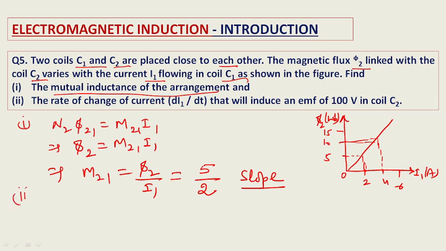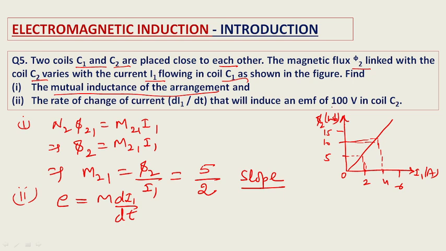And second one, rate of change of current di1 by dt. So we know that if we find the electromotive force EMF, that will be equal to M di1 by dt. Okay, EMF induced in coil 2 will be proportional to the change in current through the mutual inductance. So M di1 by dt.